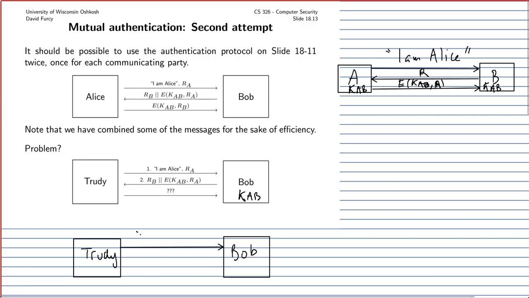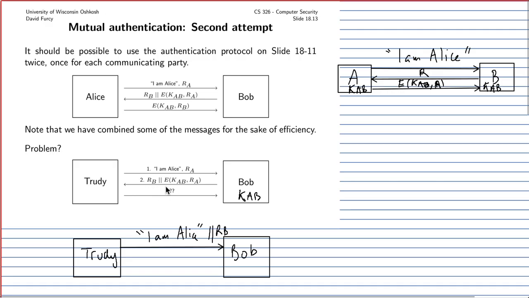She's going to again pretend to be Alice. And here I'm going to use the concatenation symbol just to be consistent with this notation here. Notice I didn't use concatenation here, but this is what I meant. And she's actually going to send R sub B to Bob. Notice R sub B is the challenge that Bob just sent her in that earlier exchange.